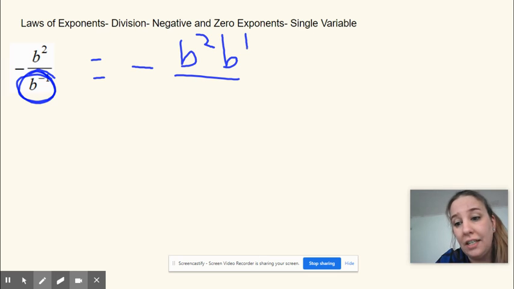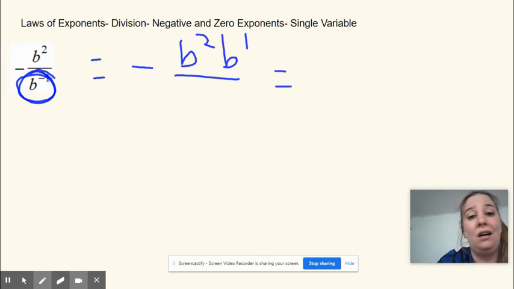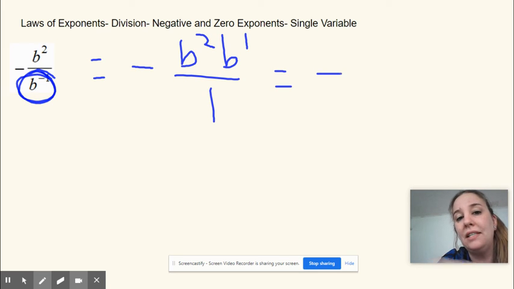This looks really ugly and terrible, right? Let's clean this up. When you have only stuff in a numerator, you don't need it to be a fraction anymore. You could use 1 as a placeholder if you wanted to, but anything divided by 1 is itself. Like 3 divided by 1 is just 3. So we get to eliminate the fraction here. We do have a negative, and b to the second times b to the first is b to the third.